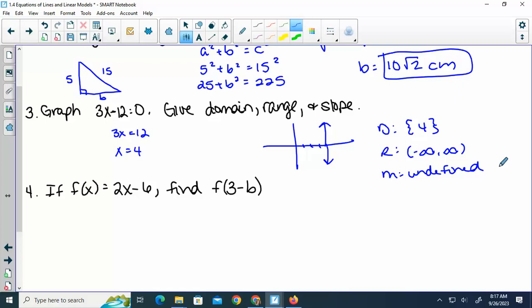All right, number 4, function notation. f of x equals 2x minus 6. Find f of 3 minus b. What do I have to do? Plug in 3 minus b for x.